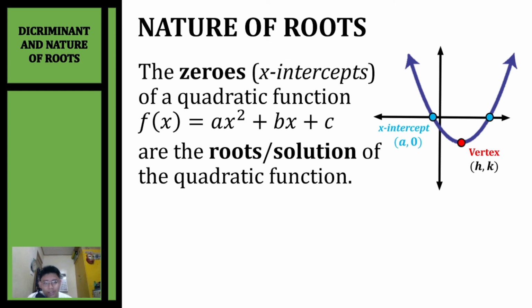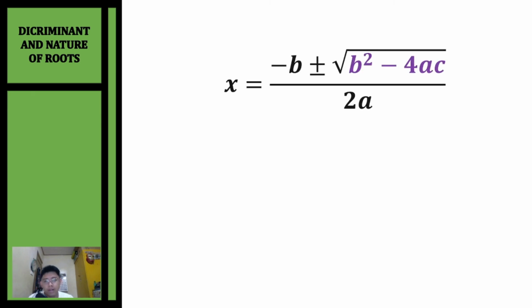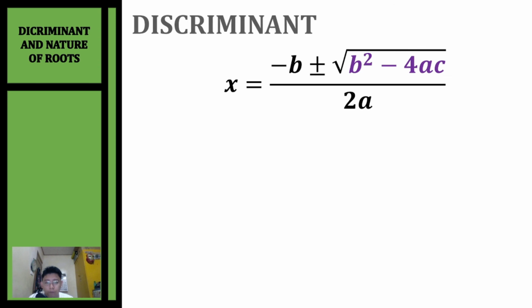Let's discuss how to identify the nature of our roots. In identifying the nature of roots, we need a little formula. Do you still recognize this formula? This is our quadratic formula when we solve for the zeros of our quadratic function. In order for us to identify the nature of roots, we're going to use the discriminant.